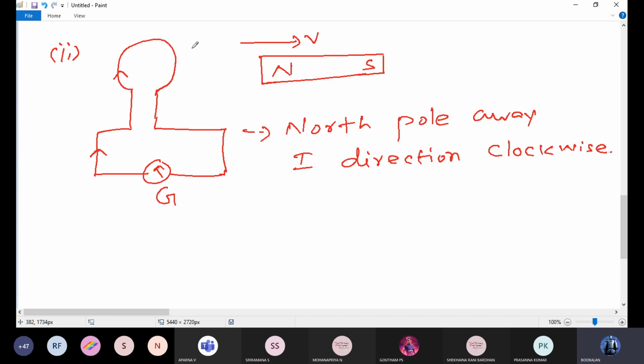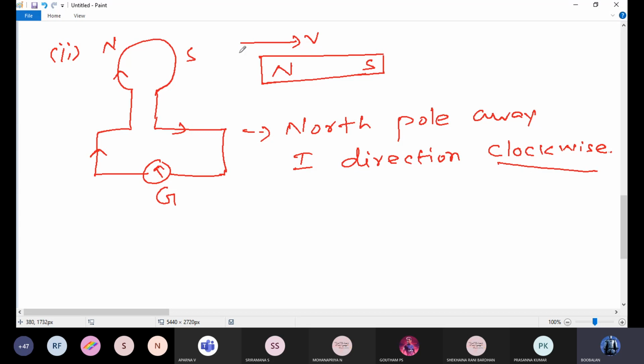Toward the coil the polarity is south, opposite it is north. Since it is moving away, it is clockwise.